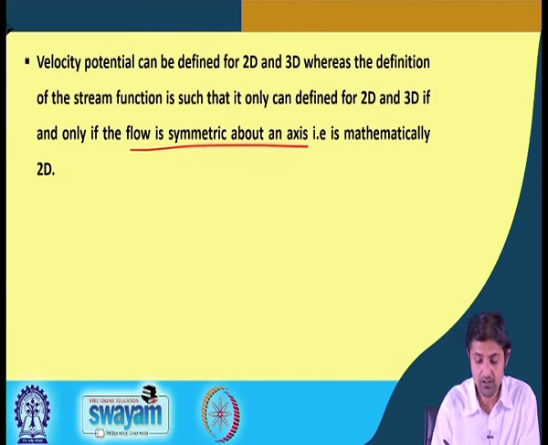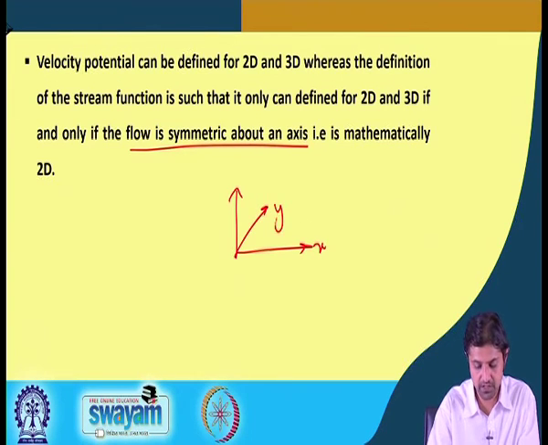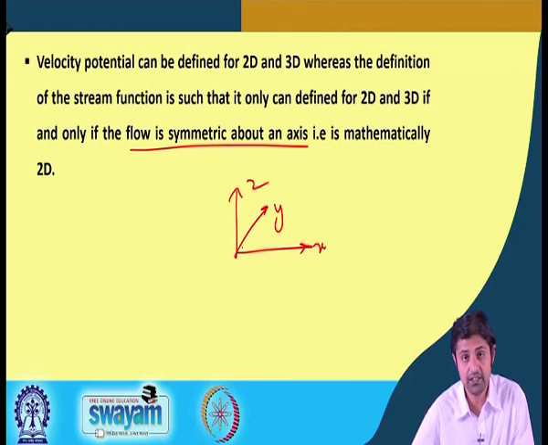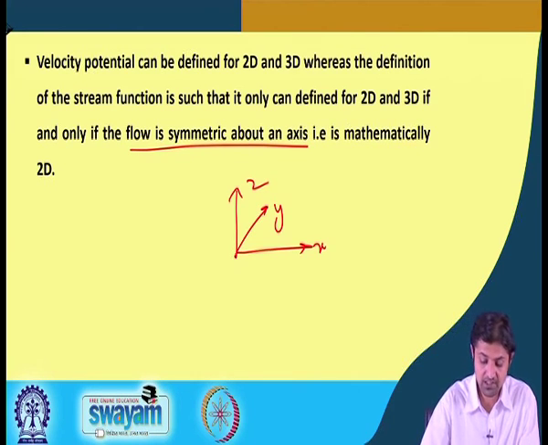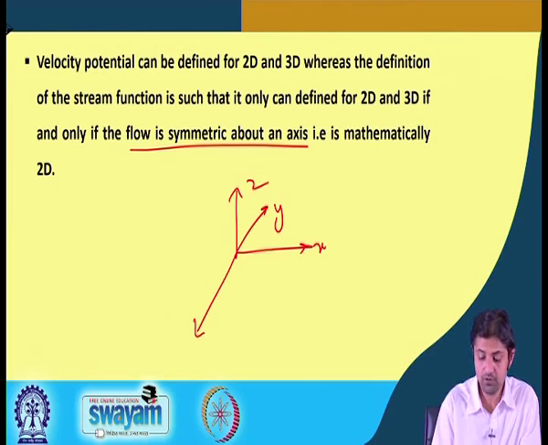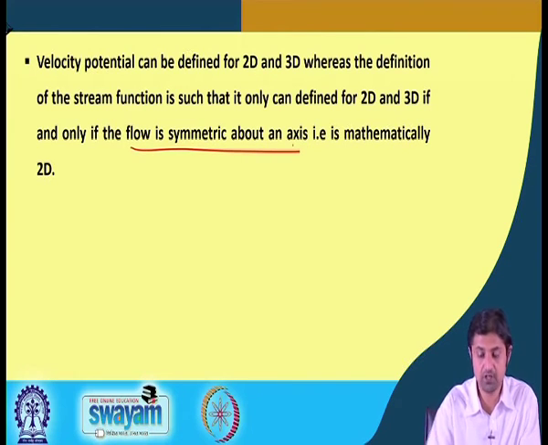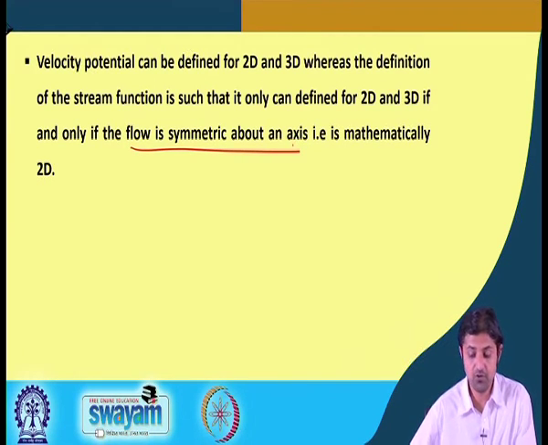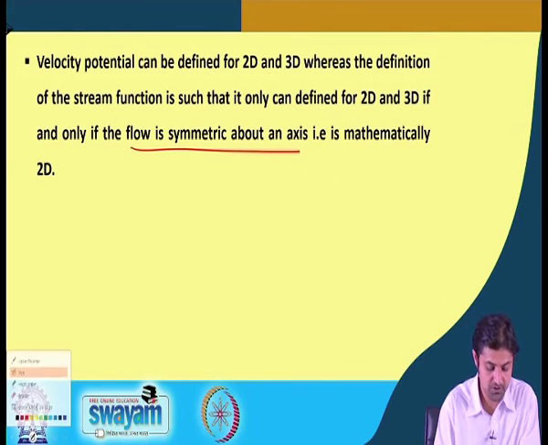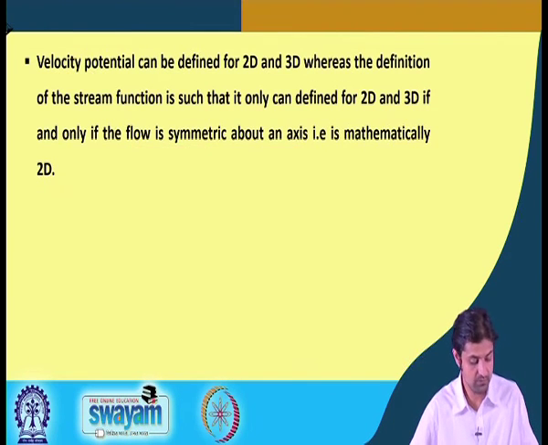Let's say there is a flow in the x and y plane. This is x, this is y, and this is z. It is happening, but say the domain is so large that the variation in the z direction is not there. So actually the flow is symmetric. Therefore mathematically it will again be called 2D because the flow is symmetric about an axis, and therefore we can still write the stream function for such types of flows.